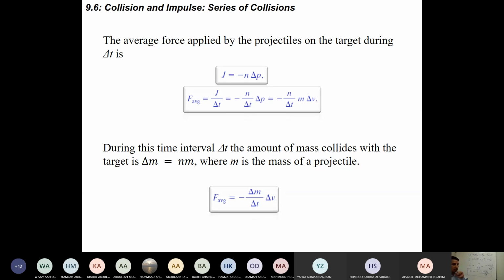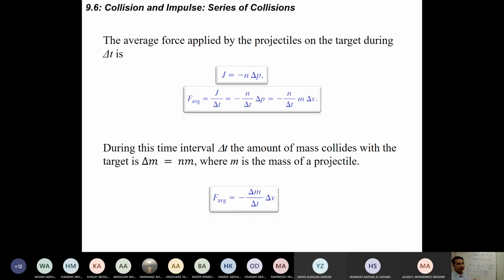But sometimes the situation will be like this. Suppose you are holding sand in your hand and you have a plate here, and sand is going from your hand towards that plate. Each grain of sand is transferring some momentum to the plate. But you cannot really count sand particle number 1, sand particle number 2, because there are lots of them.